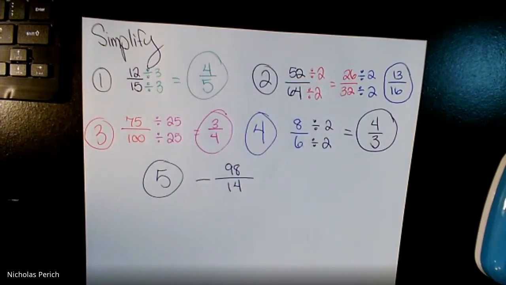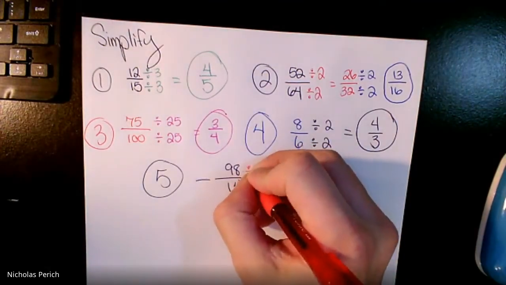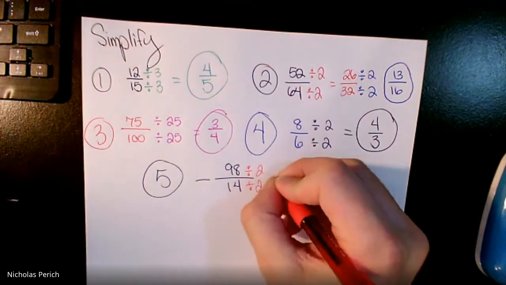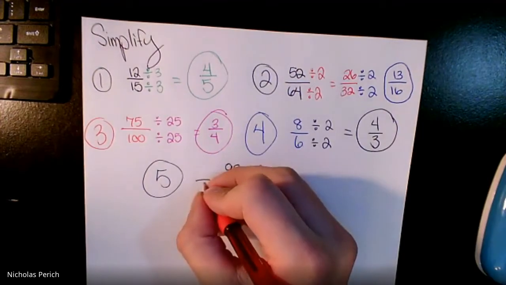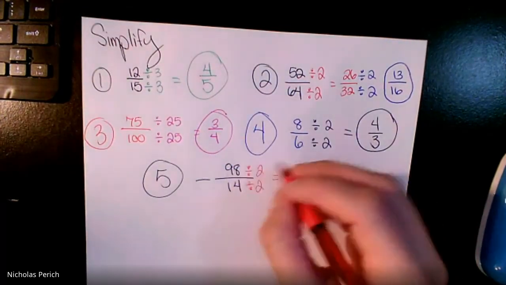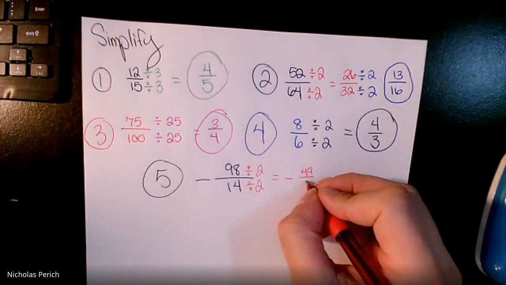So I have an improper fraction and it's also negative. Does that change anything? No and no. So what I'm going to do is divide the top by 2 and the bottom by 2. And that gives you negative, because the negative is not going to go away. 98 divided by 2 is 49. 14 divided by 2 is 7.